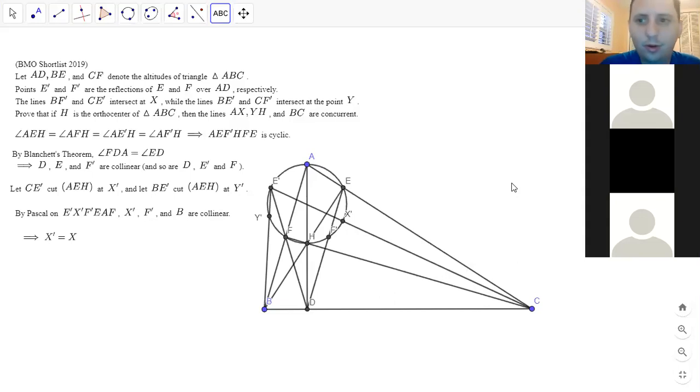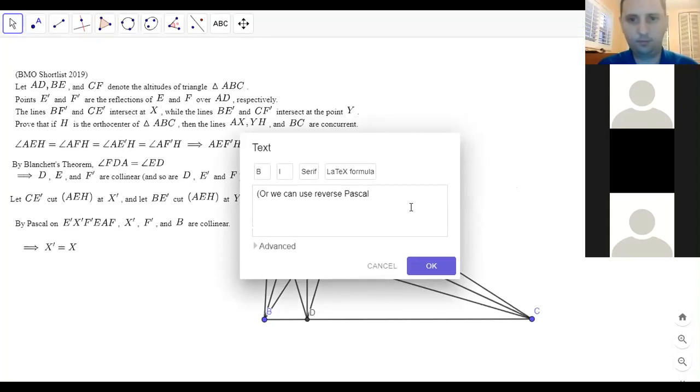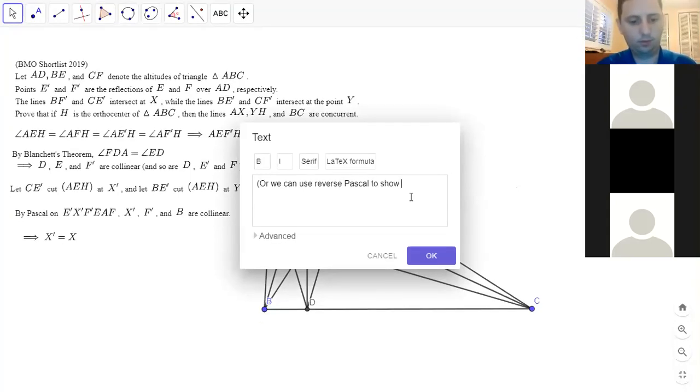So, okay, I'll say, or we can use reverse Pascal. Lie on a conic.